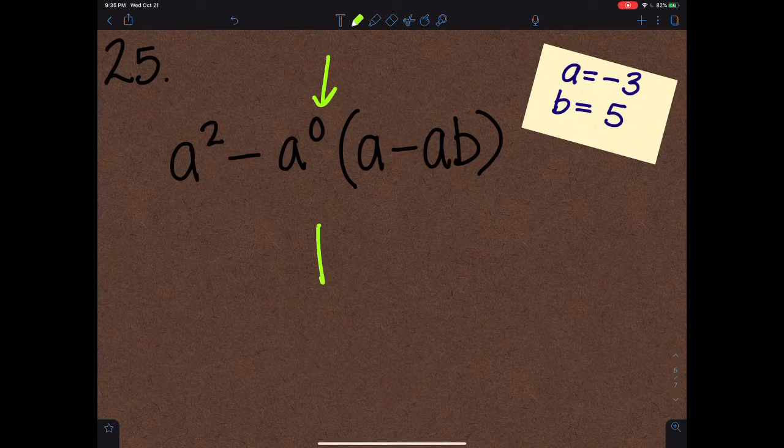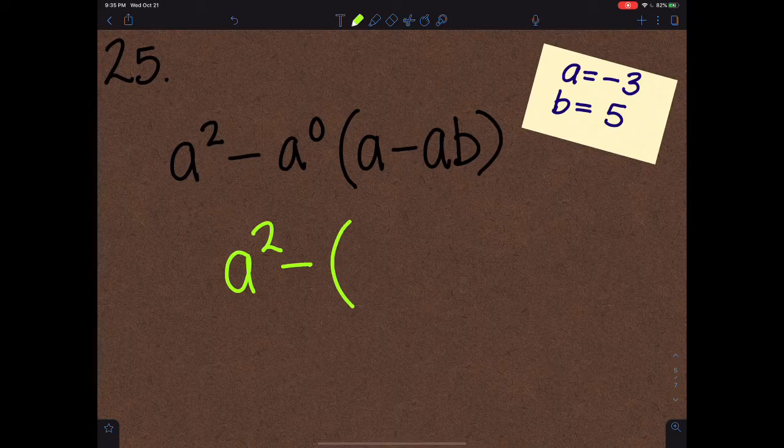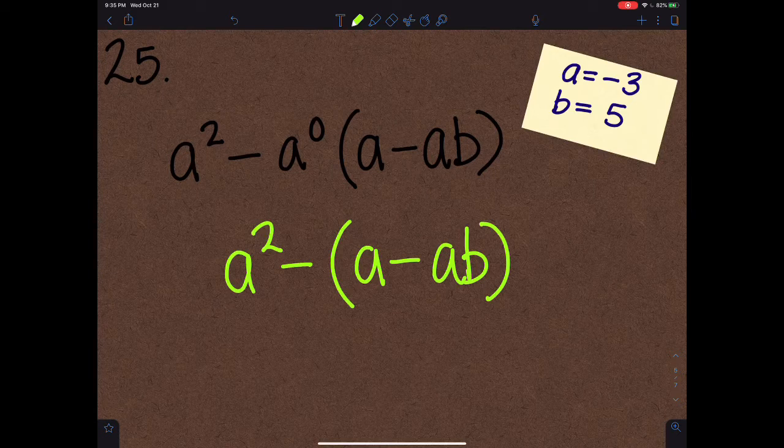And it doesn't matter what number is put in there, it's just 1. So I'm not even going to plug anything in there. So I'm going to do a squared minus, and then I'm just going to do a minus ab. Okay, so let's just do that because that's a little easier to me.